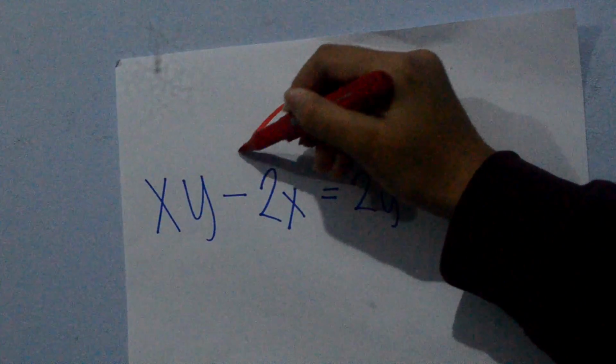We're going to arrive at an answer of xy minus 2x equals y plus 14.